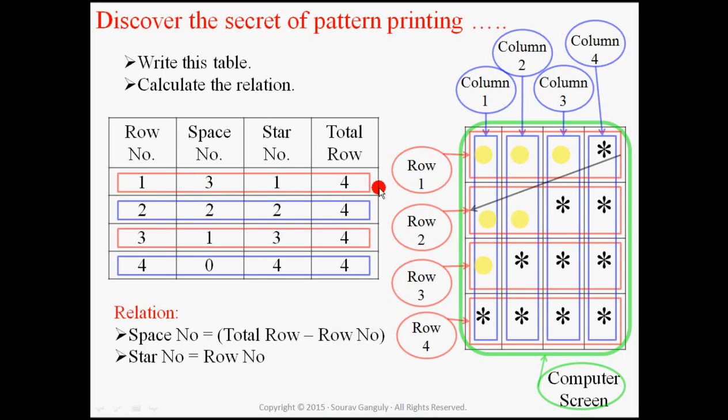Yes, 3 means 4 minus 1, 2 means 4 minus 2, 1 means 4 minus 3 and 0 means 4 minus 4. And star number is equal to row number. That means the first row contains 1 star, the second row contains 2 stars, the third row contains 3 stars and the fourth row contains 4 stars. This relation will help us to run the program.